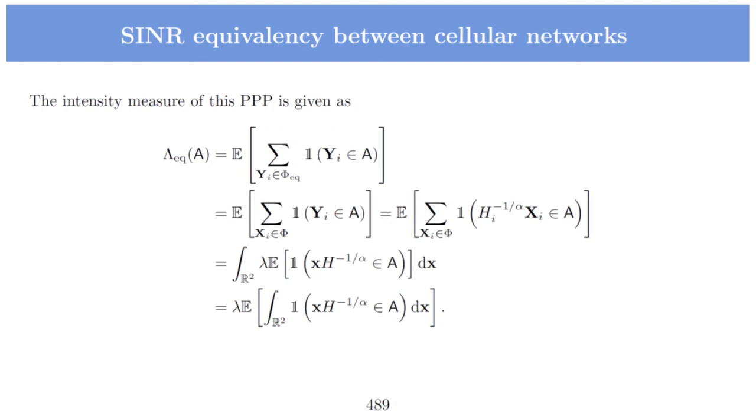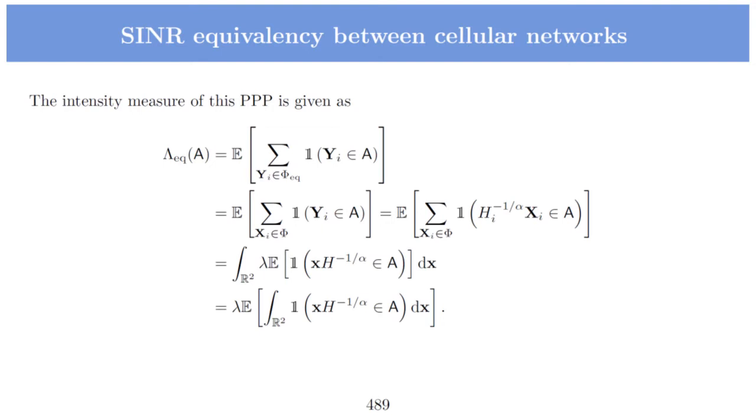So the new condition would be you sum over all points xi and check when h_i to the power minus 1 upon alpha xi belongs to A, because if this belongs to A, it means yi will belong to A once you displace this point.